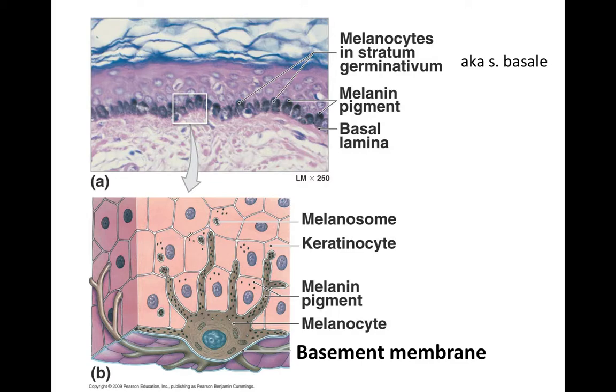Now, why do we want to do that? We are going to add a layer of pigment over the nucleus of the keratinocytes. That's where the keratinocytes want that melanin. Why?